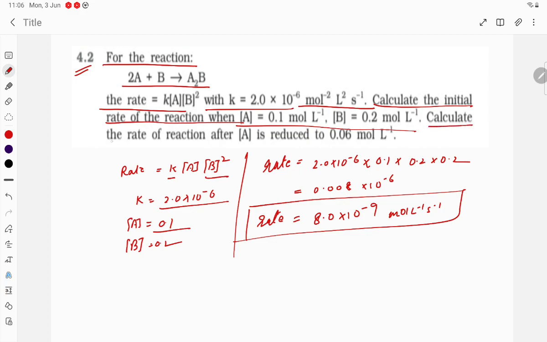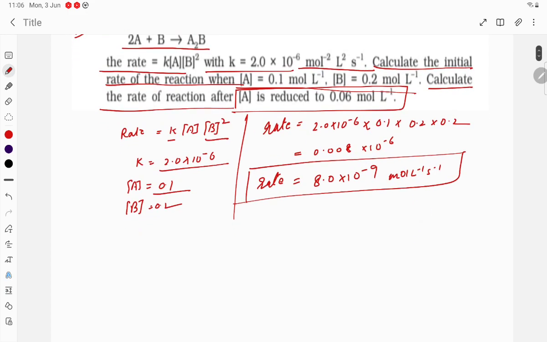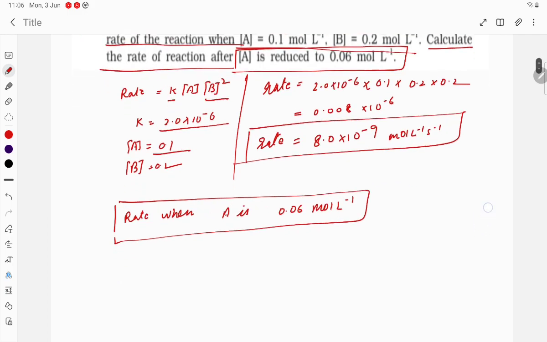Second, calculate the rate of reaction after A is reduced to 0.06. So the rate when A is 0.06 mole per liter. We have to keep in mind this one.